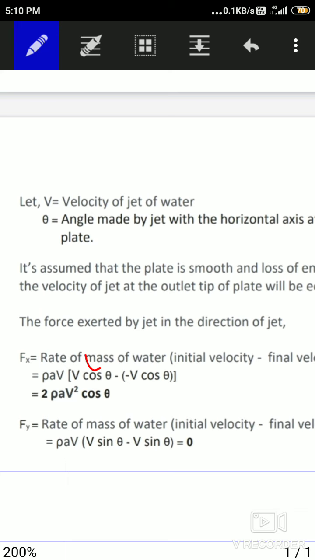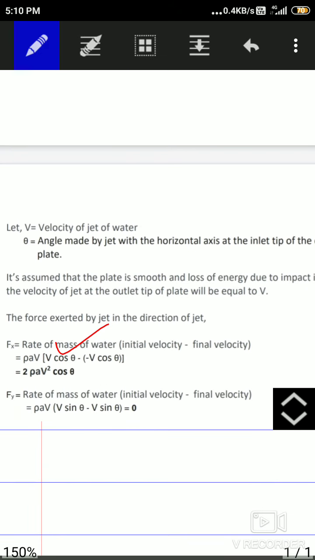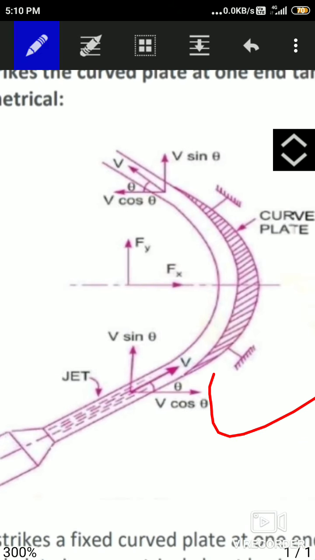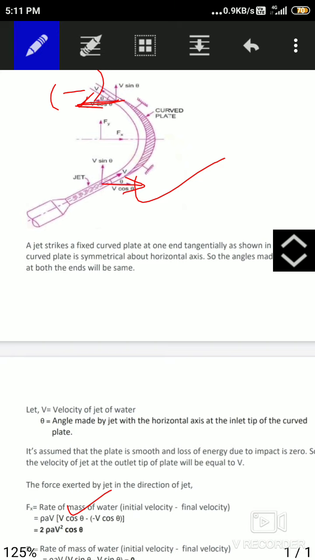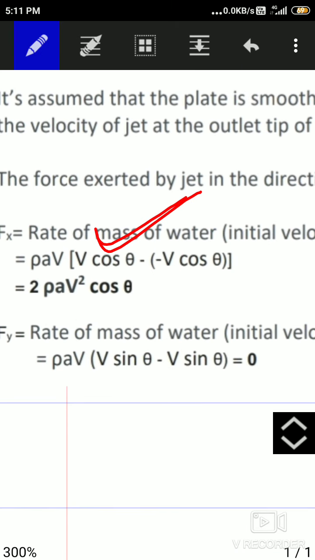Now we are going to put in the formula. The initial velocity is v cos theta, and the final velocity is minus v cos theta. Why? Because this horizontal component is moving in the opposite direction of this component. That's why this is minus. So here we are putting v cos theta minus minus v cos theta.